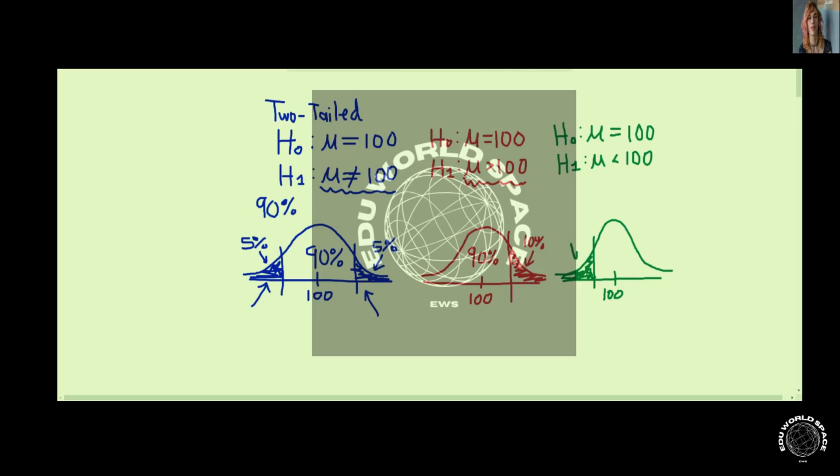And the way that we differentiate between the red example and the green example is that the red one would be called a right-tailed test, and the green one would be called a left-tailed test.